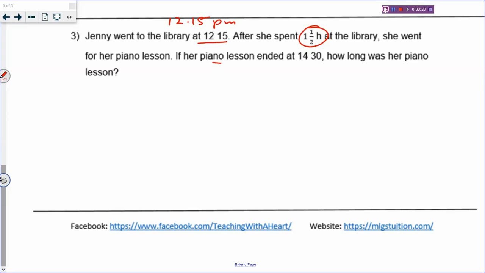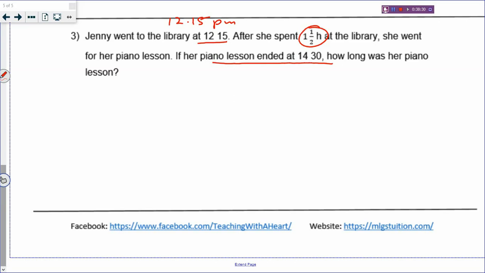If the piano lesson ended at 14:30, let's change that into 12 hour time. 14 is 12 and bigger, so that will be PM. And what time is that? You take 14, you work backwards, you minus 12, and you will get 2:30 p.m.